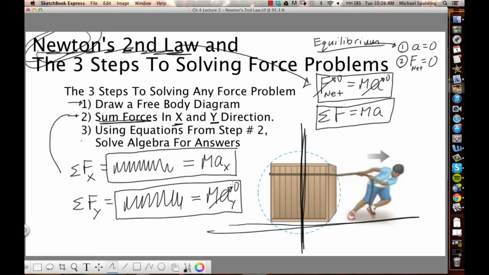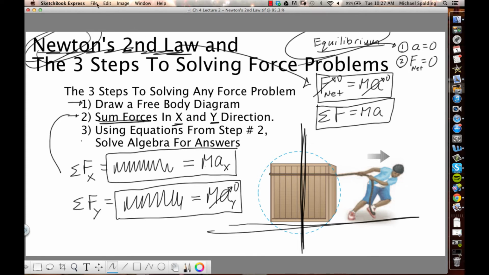You cross it out. So basically, it equals 0. So going back to this word equilibrium, here you would have equilibrium in the y, but non-equilibrium in the x. Non-equilibrium just means acceleration, or as they say in France, acceleration. That's how you say it in French. Yeah, that wasn't funny.